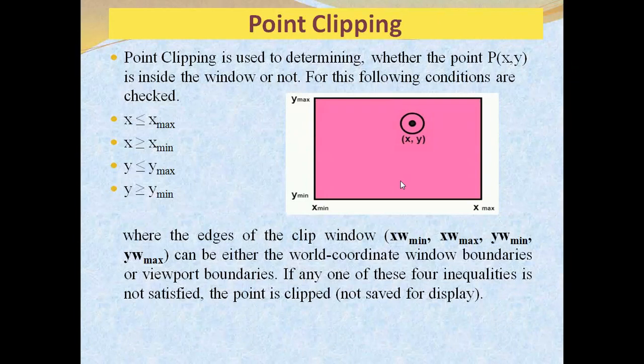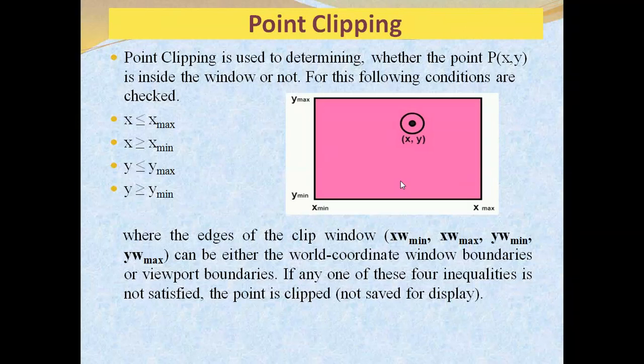Whether the point is inside the window or not is defined by the coordinates. If we define a rectangle with x min 5, x max 10, y min 7, y max 17.